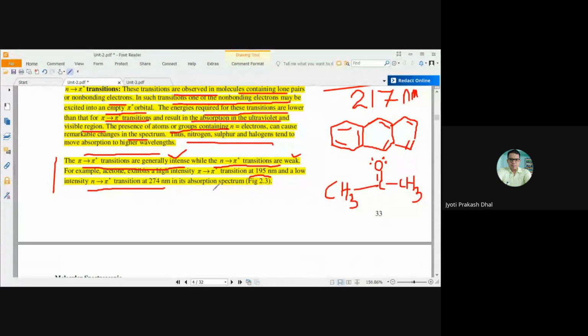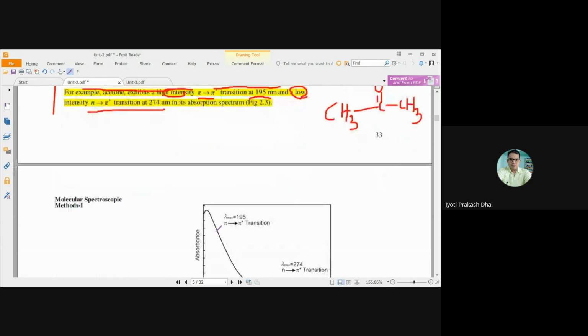Here the pi to pi star transition will be intense, and the n to pi star transition occurring at 274 nanometer will give a low intensity or weak peak, but the pi to pi star transition will give an intense peak.